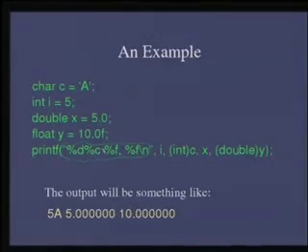And then the next specifier is %c, which means we want a character to be printed, and the corresponding argument, that is the second argument following the format string, has to be of type int, and it should be the ASCII code of the character that we want to print.